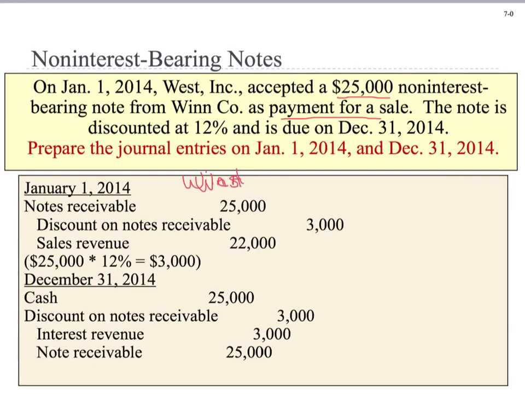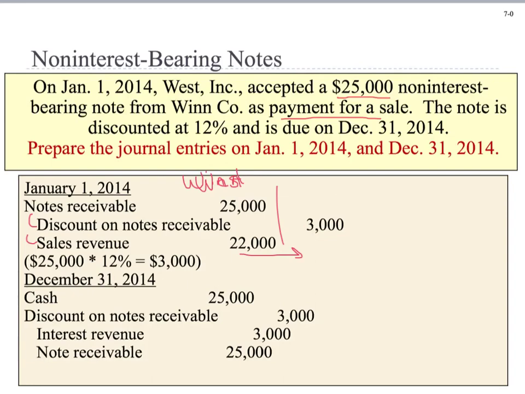So you need to impute the interest on this sale at 12%. And 12%, let's say it's usually the prime rate that you are charging interest. So whatever the market's yielding for normal interest rate is how you'd impute this interest. So you'd have to go to the Wall Street Journal or look on different websites to find out what the rate is at that period of time that you've issued the note.